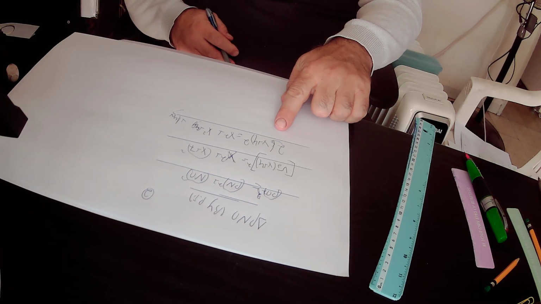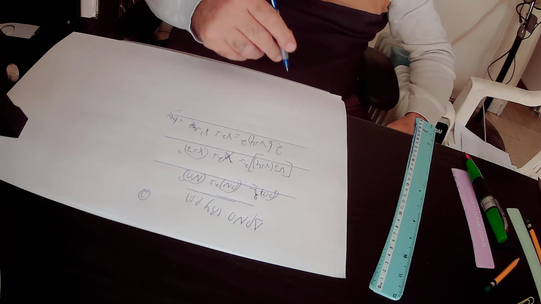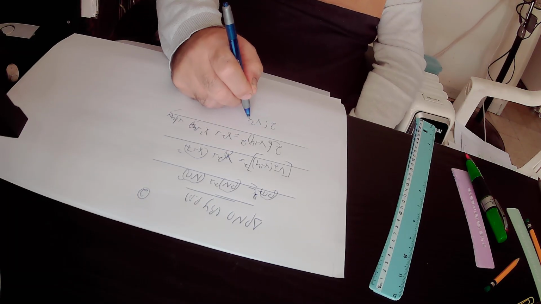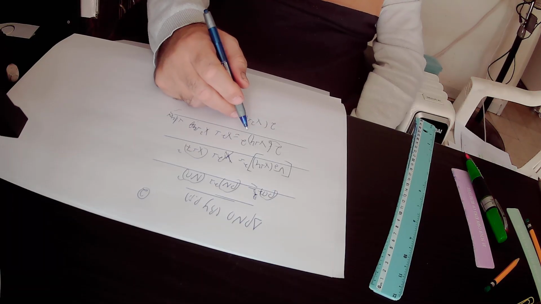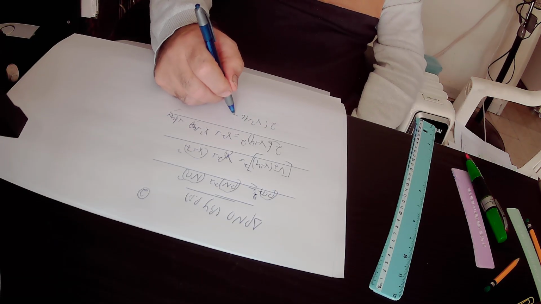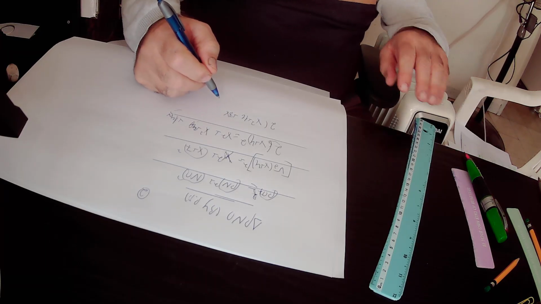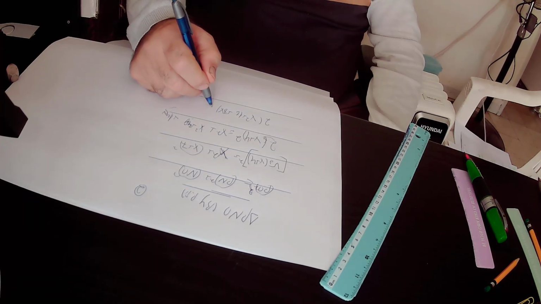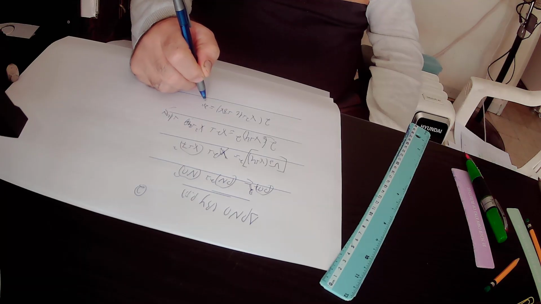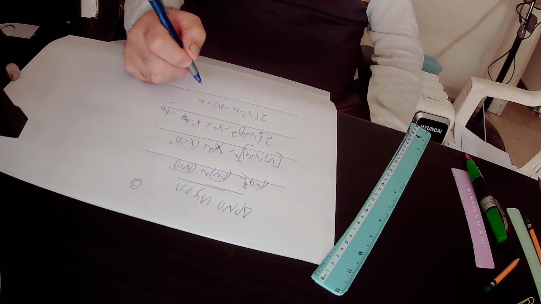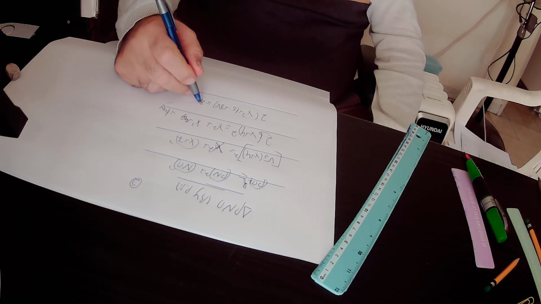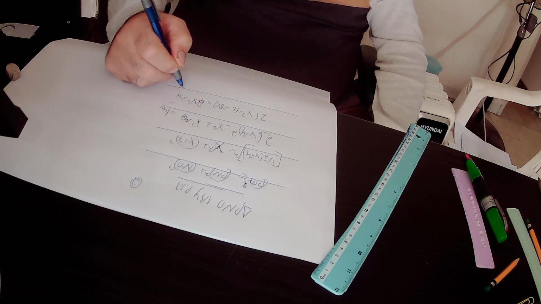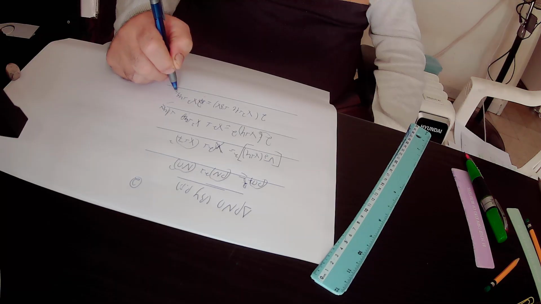Here we open the brackets of the other expression and get that 2 times x plus 4 squared equals x squared plus 4 squared, which is 16, plus 2 times x times 4, that is 8x, and it equals x squared plus x squared, which is 2x squared, plus 49 plus 14x.